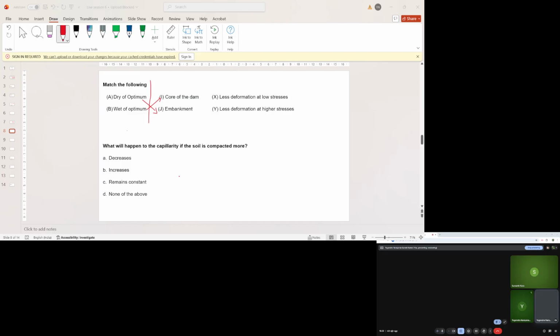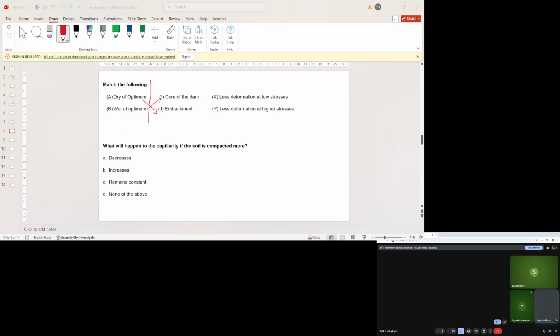e is the voids ratio, D10 is the 10% passing particle size, right? So Hc is inversely proportional to e into D10. Once e is getting reduced, Hc is going to increase.